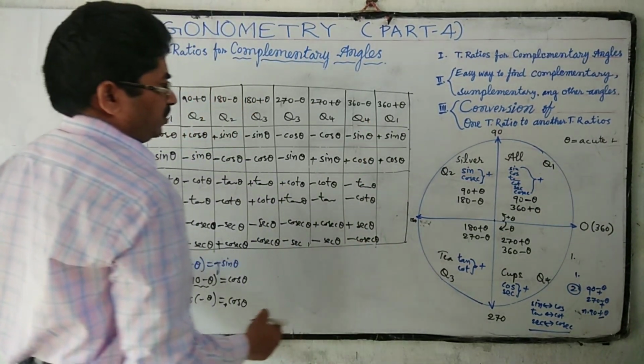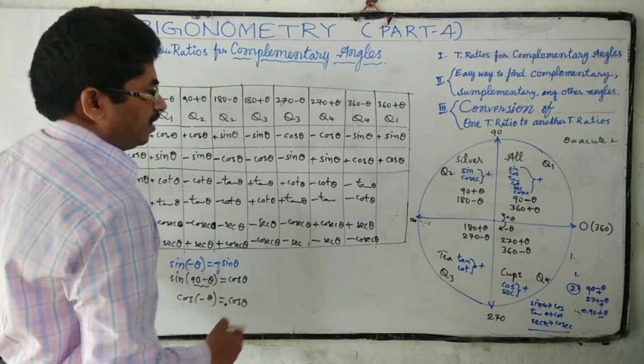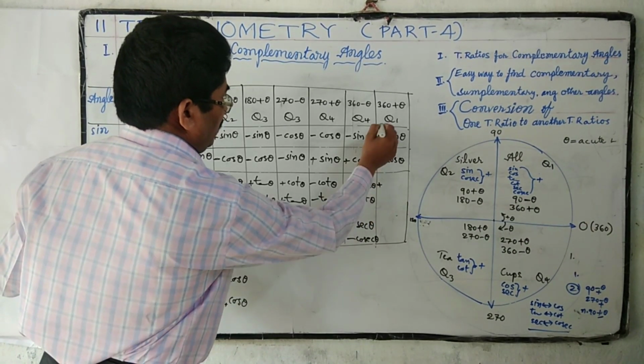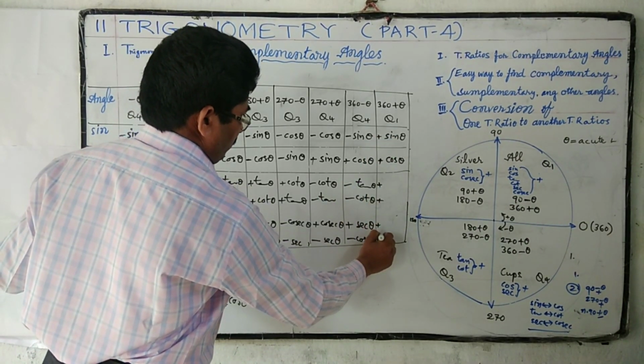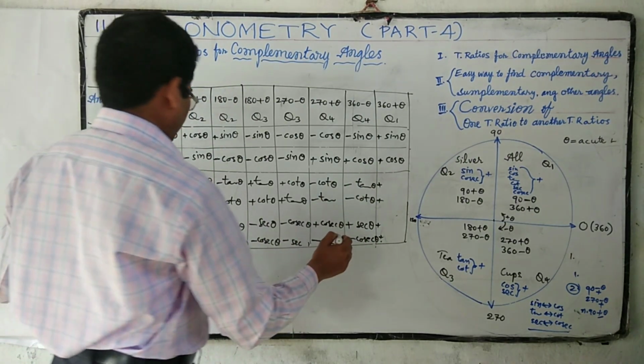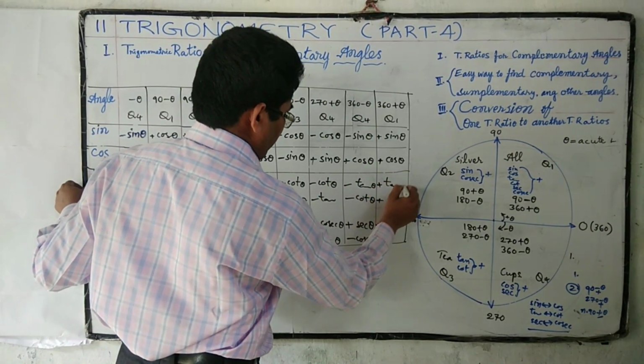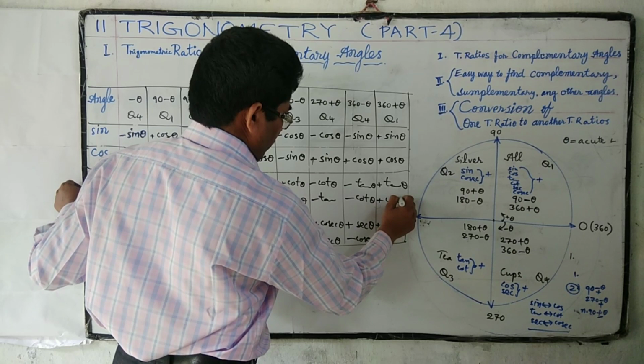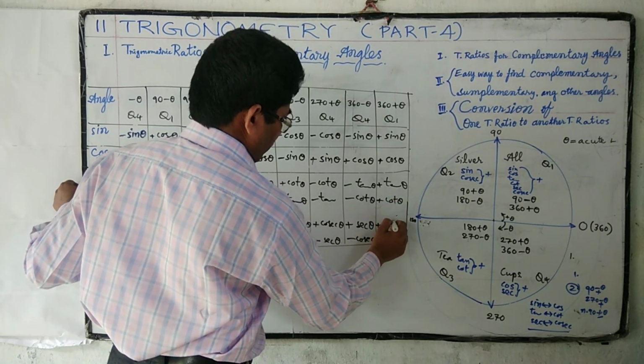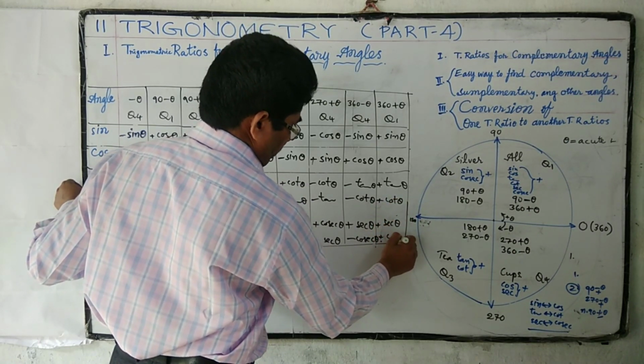Next, 360 plus theta: this is first quadrant, all positive only. No need to change the function: tan, tan; cot, cot; sec to sec; cosec, cosec.